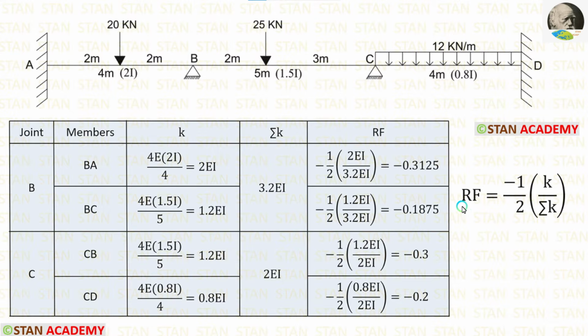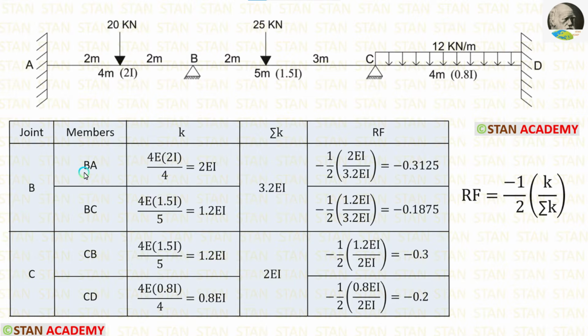Now, let us calculate the rotation factor. The formula is minus 1 upon 2 into K upon sigma K. In this formula, K upon sigma K is the distribution factor which we use in the moment distribution method. When we multiply the distribution factor with minus 1 upon 2, we will get the rotation factor.